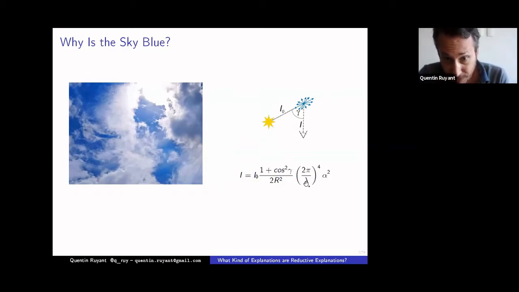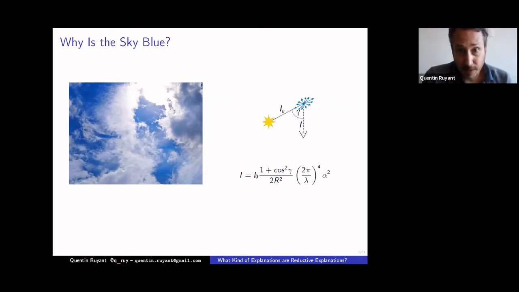Lambda here is the wavelength. As you can see, the intensity of light that is scattered will decrease with wavelength, which implies that particles will scatter small wavelengths more than large wavelengths. And blue is among the smallest wavelengths that we can see.